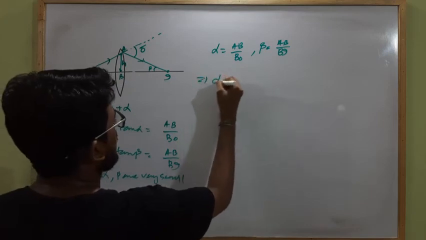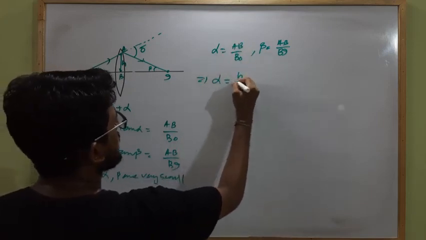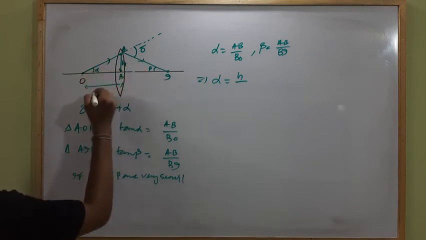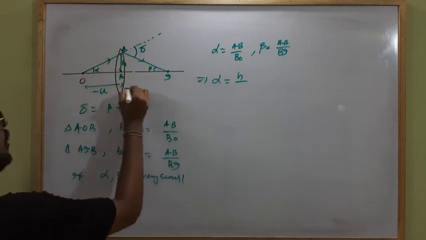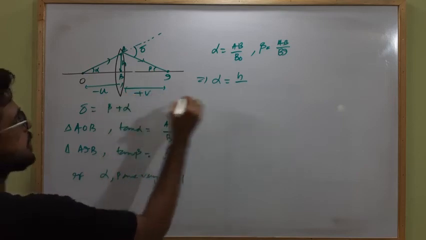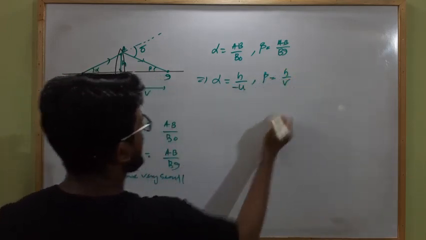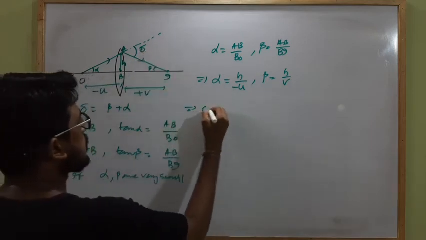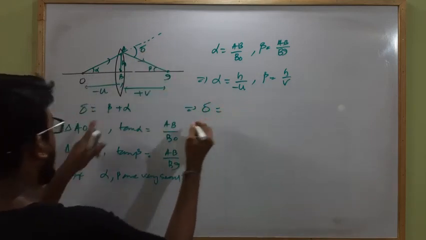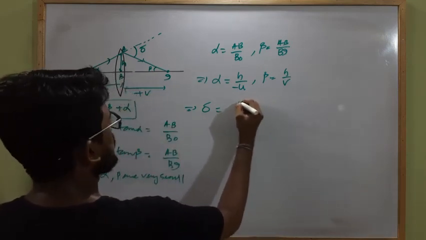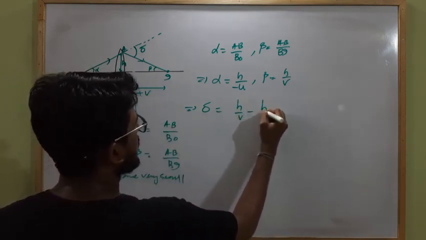So alpha will be AB, which is h, divided by BO, the object distance, which is measured opposite to the direction of propagation of the incident ray, so minus u. And the image distance is plus v, so beta equals h by v. So the deviation angle delta is alpha plus beta, which is h by v minus h by u.